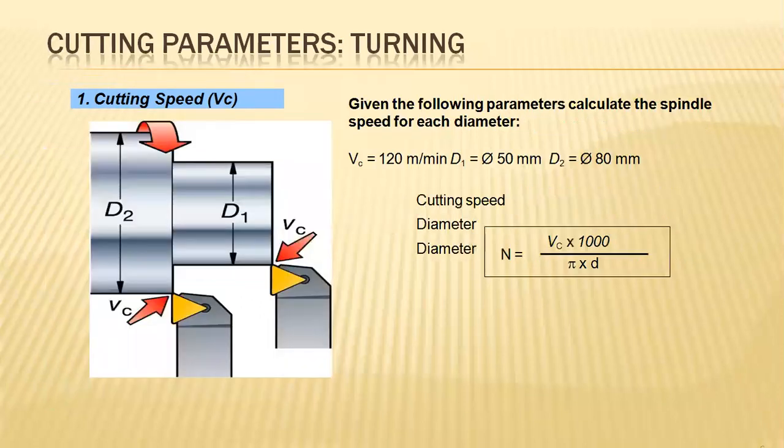Secondly, how the cutting speed will be varied. See here, there is a front view representation where the work part will be altered with step cutting, during the step cutting process with different diameters. Step cutting is nothing but different diameters.